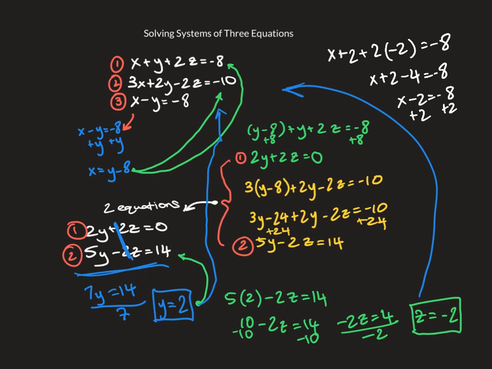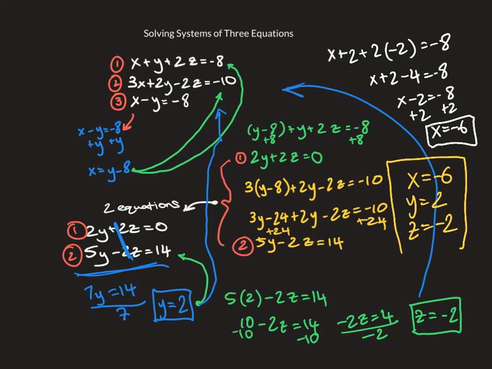Add 2 to both sides. x equals negative 8 plus 2, which is minus 6. So your x value will be equal to minus 6. Let's go ahead and put this all together. So our final solution here is going to be x equals minus 6, y equals 2, and z equals negative 2. That is our final solution to this problem.